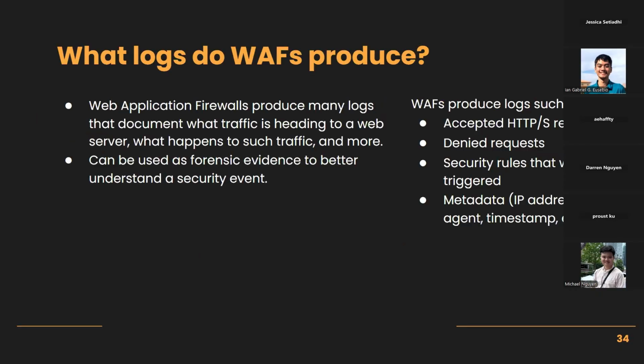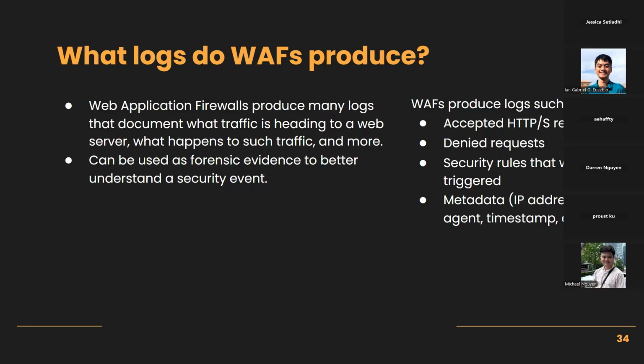First of all, it's important to understand what type of logs these web application firewalls produce. Web application firewalls produce many logs. They log what type of traffic is being sent and at what time. It documents all the accepted HTTPS requests that they allow to go to the web server, as well as denied requests.